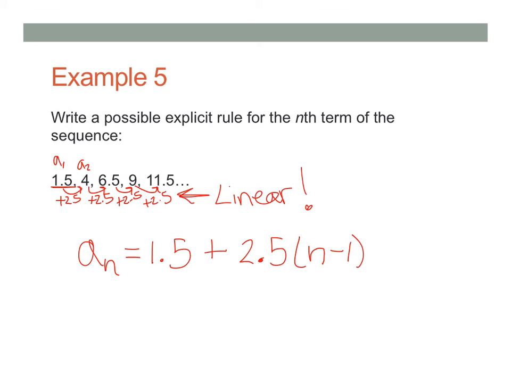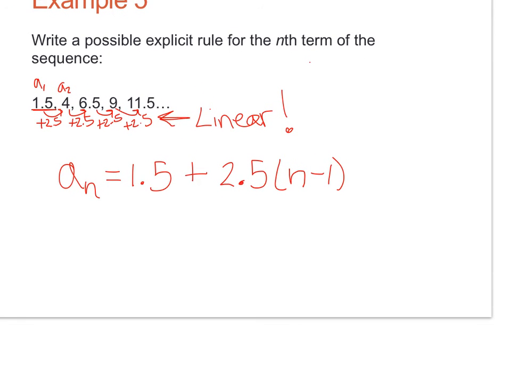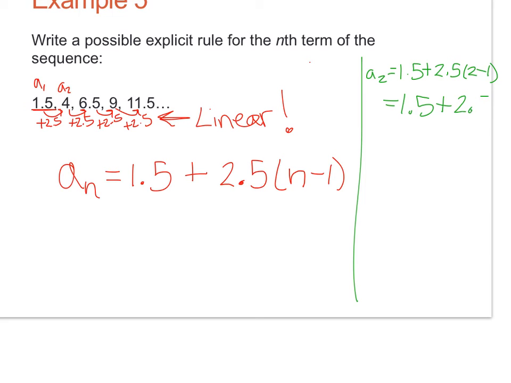Now, to find our second term, let's see if it matches up. I'm going to do this off to the side here. If we have a sub 2, that means we're doing 1.5 plus 2.5 times 2 minus 1. Well, 2 minus 1 is 1, so it's just 1.5 plus 2.5, which gets us 4.